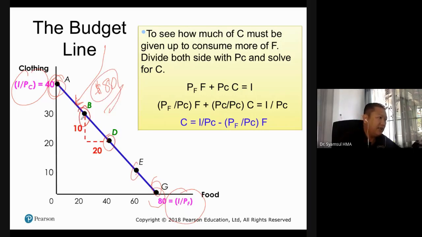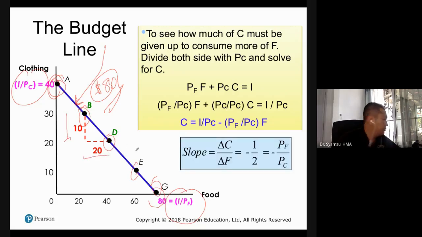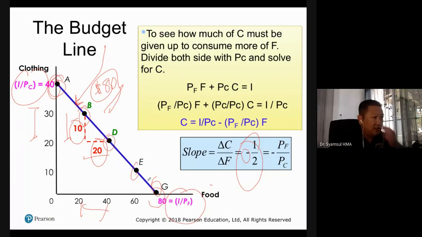You can also see 10 and 20, and so you can see the slope of half. Slope is half because you see 10 and 20: 1 unit of this, 2 units of this. So the slope is actually negative half, because this function is an inverse.